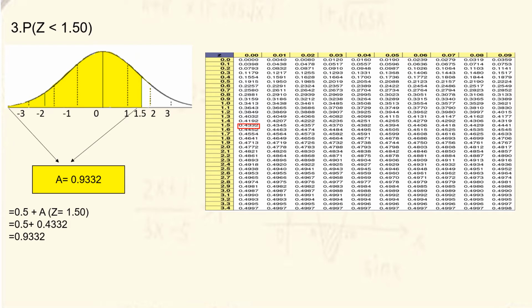So 1.50 intersects at 0.4332. 0.5 is added because the region of the negative integers is shaded. Second, we have to add 0.5 and 0.4332, and the answer is 0.9332. Therefore, the area of the shaded region is 0.9332.